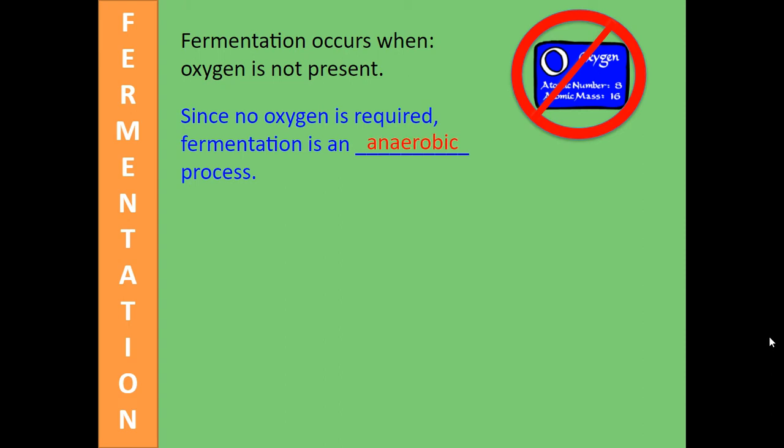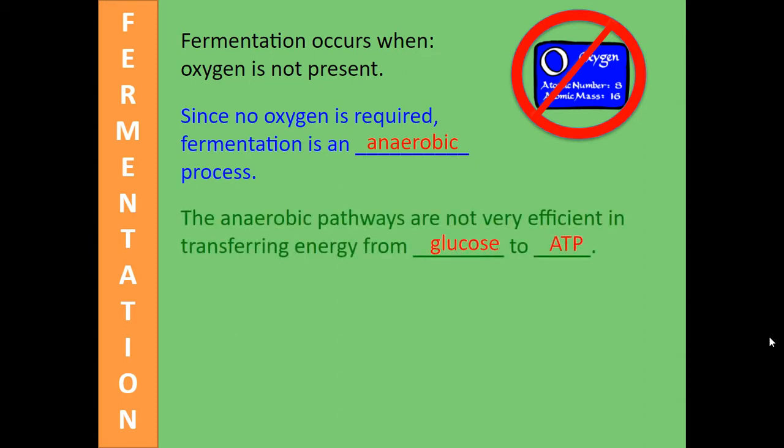Now, because no oxygen is required, this process is anaerobic. The anaerobic pathways are not very efficient, and so the energy transferred from glucose to ATP is not as much as it would be with aerobic respiration, which is the type of respiration we have been talking about.